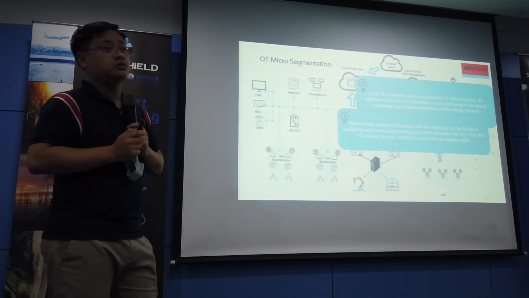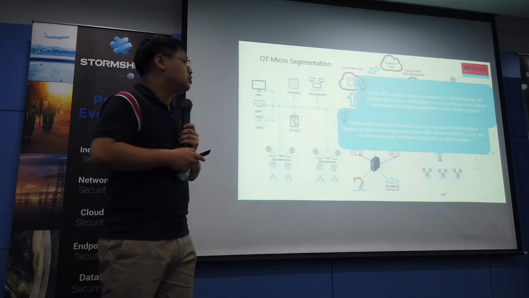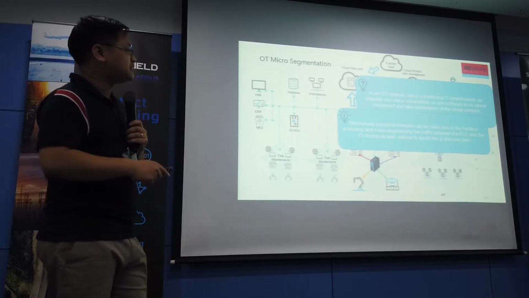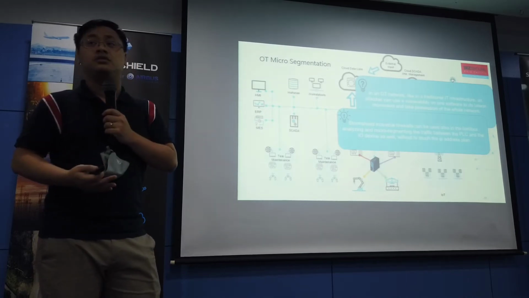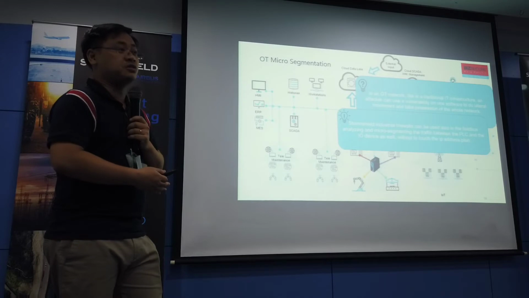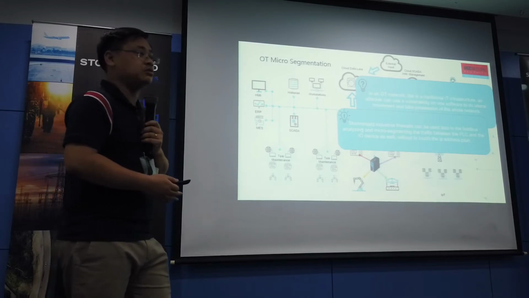What's very important, and probably you know this also, is that usually when you have systems like PLCs, robots, etc., that are configured, you don't want to change the configuration. You don't want to change the network configuration.